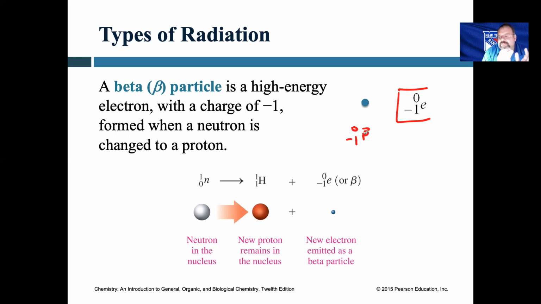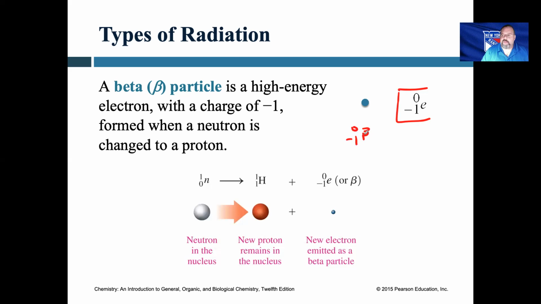Well, they have very similar characteristics, except their charge is opposite. Protons have a +1 charge, electrons have a -1 charge. So in theory, an electron would have an atomic number of -1. If a proton has an atomic number of 1, your electron would have an atomic number of -1.